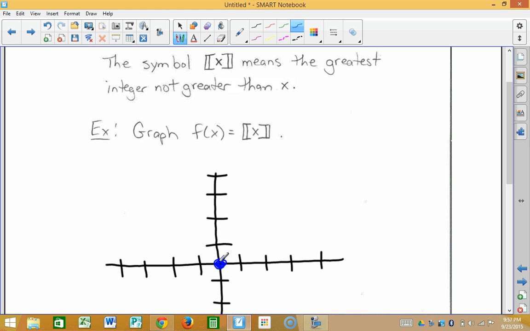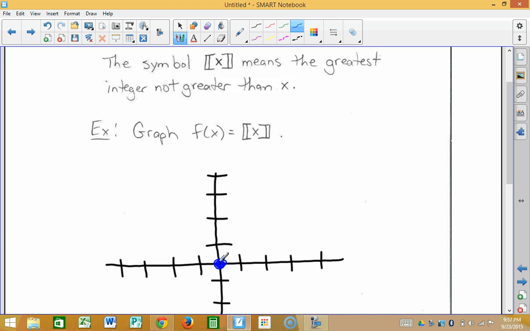And if we did 0.2, 0.3, 0.4, 0.5, all the way up to 0.9999999 forever, those would all go back to 0, because 0 would be the greatest integer not greater than that number.